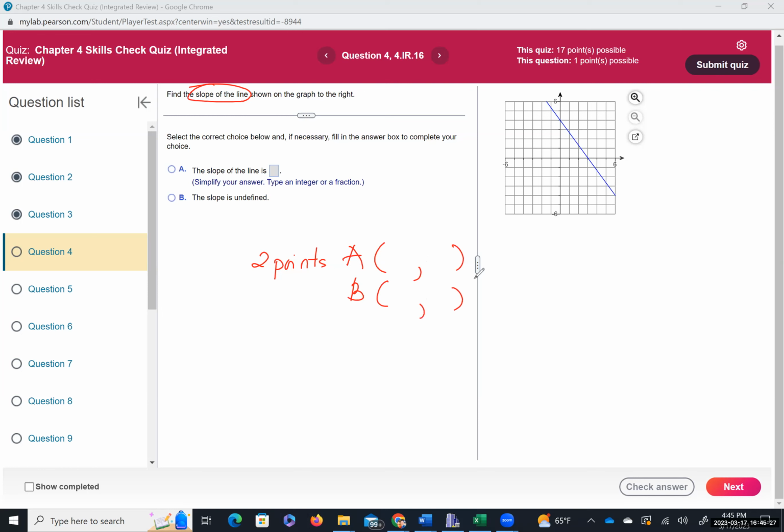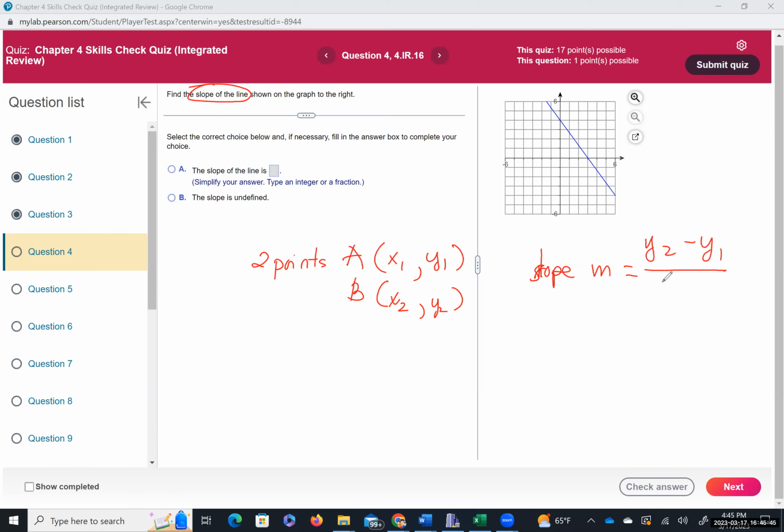Part B needs the coordinate of that point. Say x1, y1, x2, y2. And then the slope, in algebra, we use the notation m, which is y2 minus y1 over x2 minus x1. Okay, so we're going to use this form to find the slope of the line.